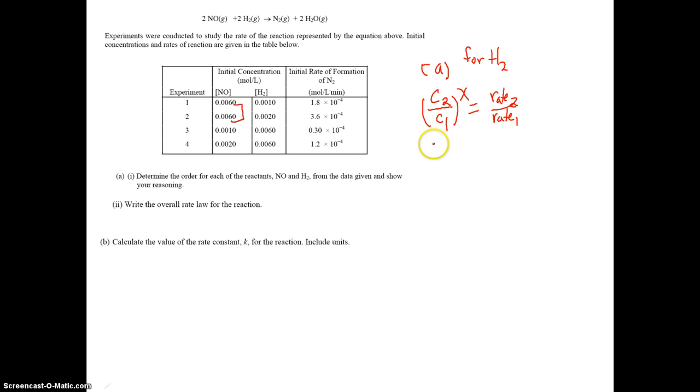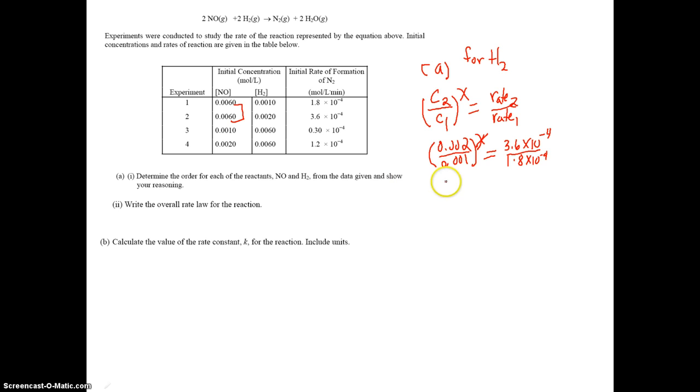I've selected in reactions 2 and 1 so that hydrogen goes from 0.002 down to 0.001 concentration wise, and that will be related by an exponent to what happens to the rates, and the rates go from 3.6 times 10 to the minus 4 down to 1.8 times 10 to the minus 4.